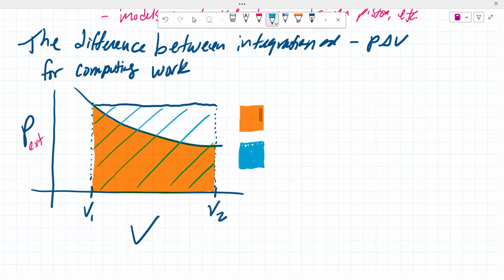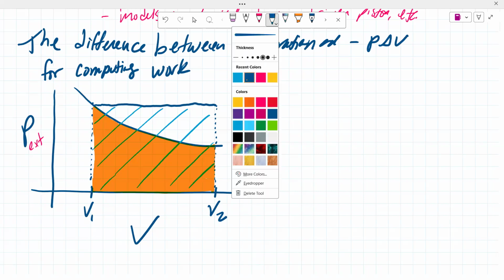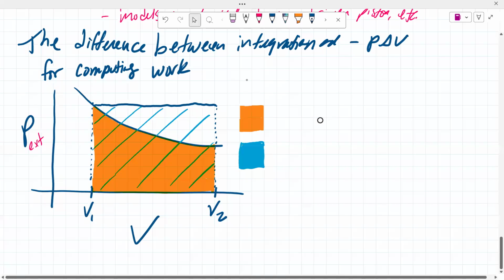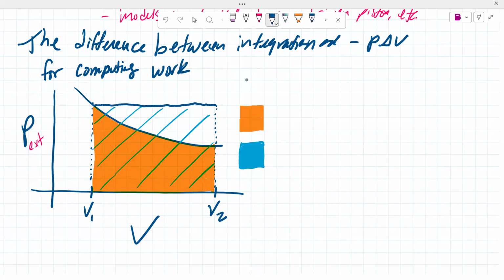I just colored in a rectangle in two different ways. So let's see what we got. Okay, this one is the integral work, and this one is the negative P delta V work.